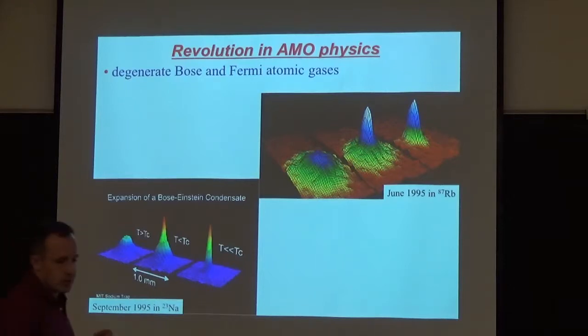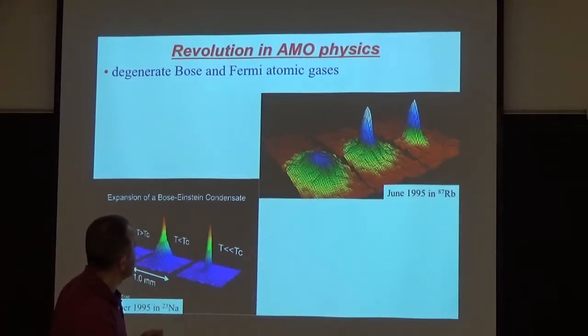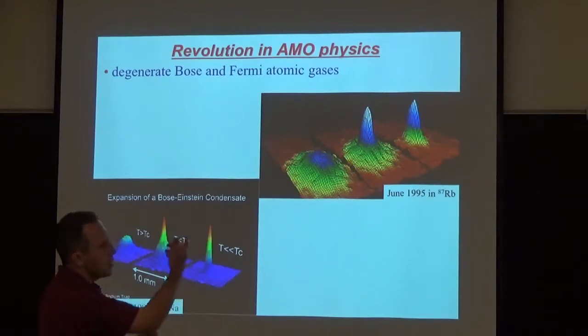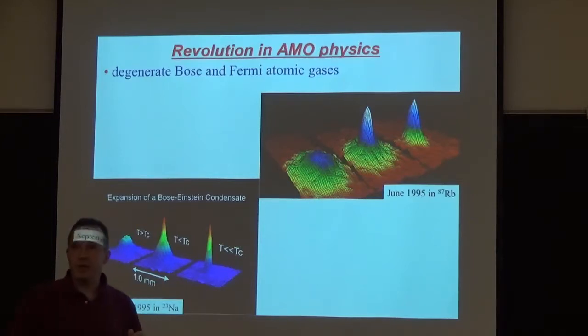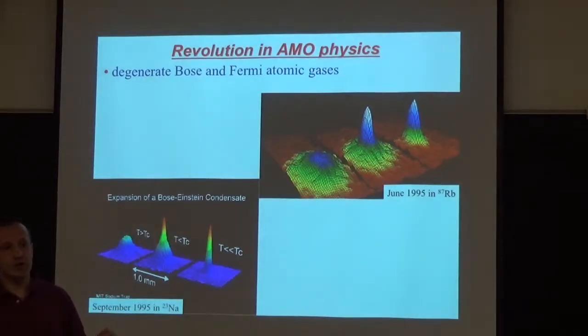So there was a period of about 5 to 7 years where you realize this object is very much like a laser, still very dilute, a coherent matter wave that you can play around with, but really in the realm of weak interactions, still well described by the Gross-Pitaevskii equation.